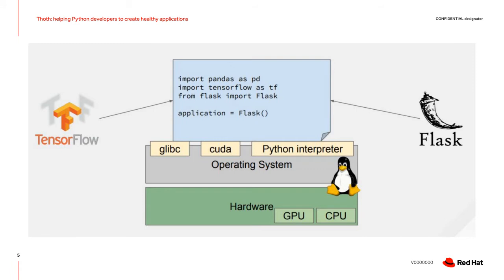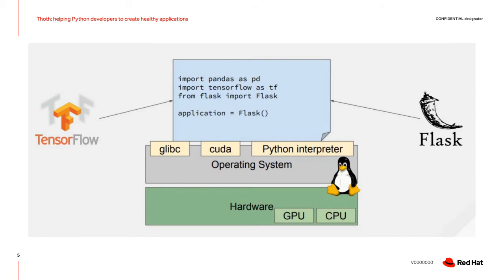All this software runs on some hardware, so it requires some hardware capabilities, and hardware can offer us, for example, GPU and different CPU families and CPU types that we can use to run our application.